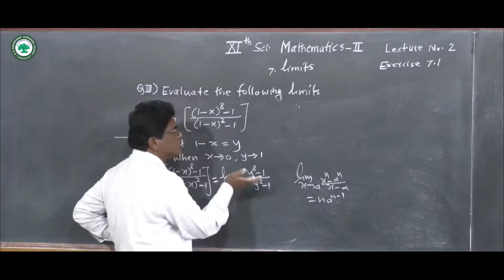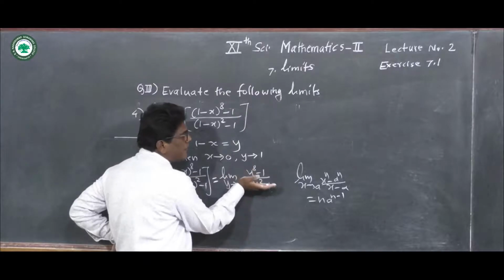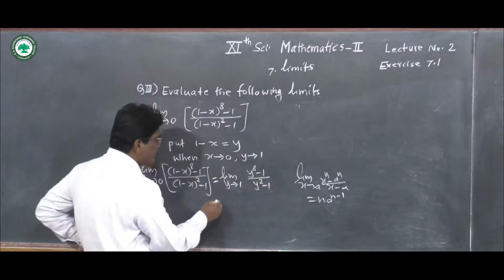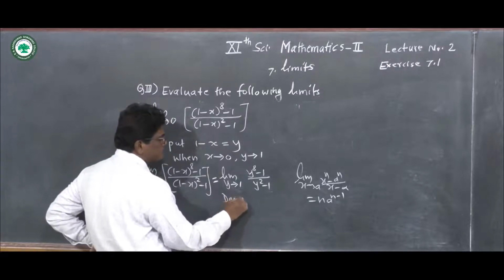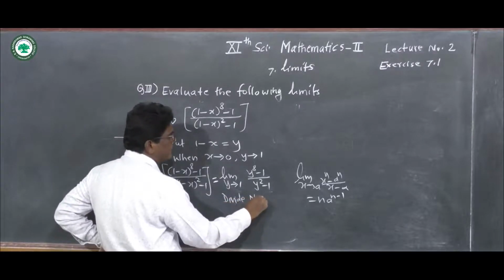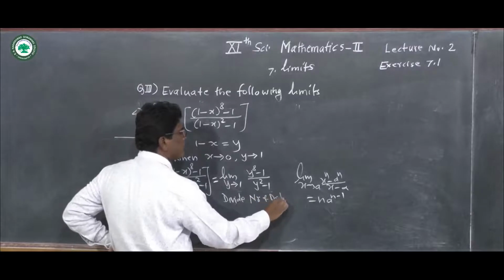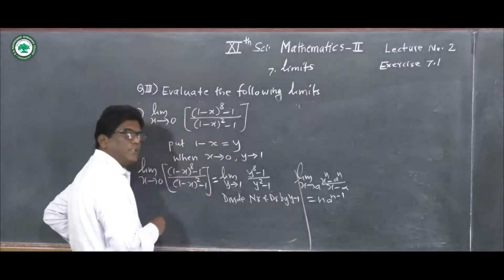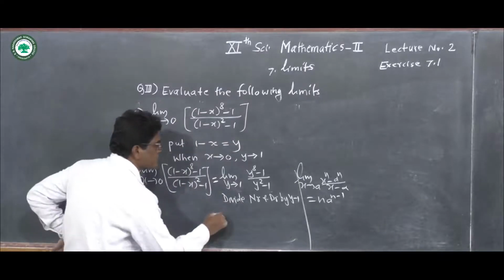So we divide numerator and denominator by y minus 1.